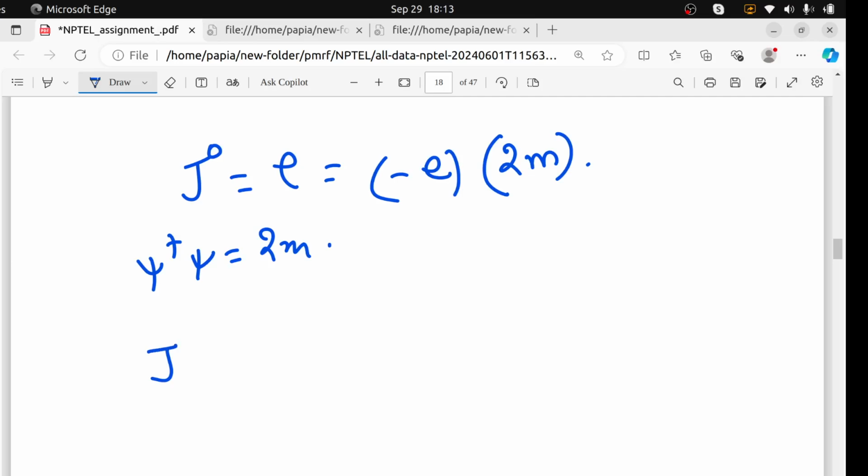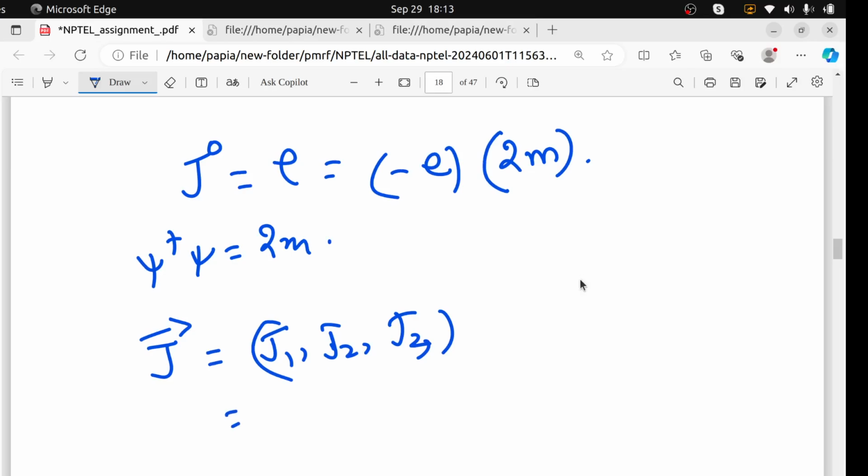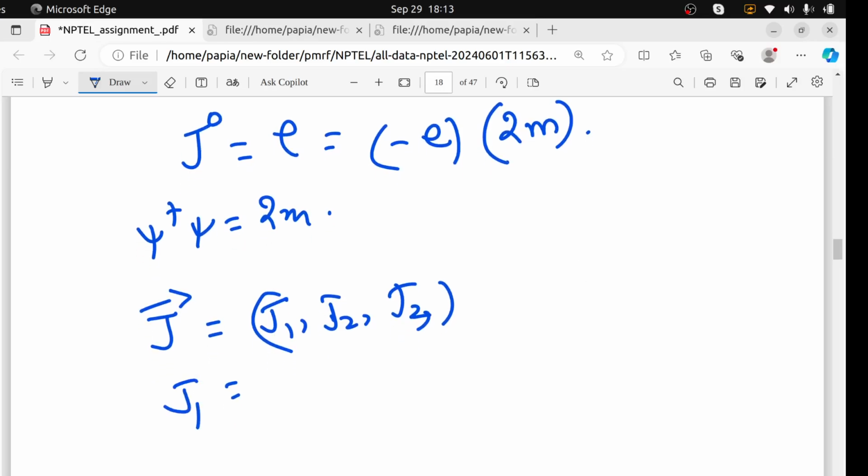Now coming to the J vector. J vector means J1, J2, J3. To calculate this, let's say for J1 I am calculating minus E psi bar gamma 1 psi.